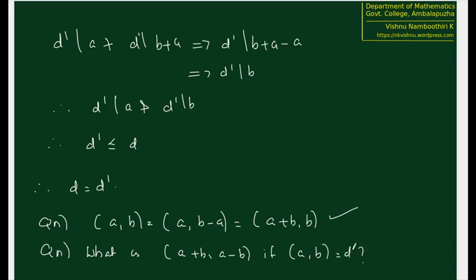Can we relate in the same way the GCD of A plus B and A minus B with D? If you want to say that the GCD of the new numbers A plus B and A minus B is also going to be equal to D, that is not true, because we can look at this simple example: A equal to 1, B equal to 1, then the GCD of A and B is equal to 1.